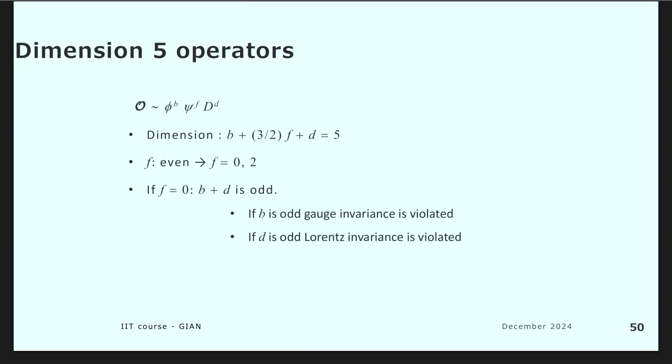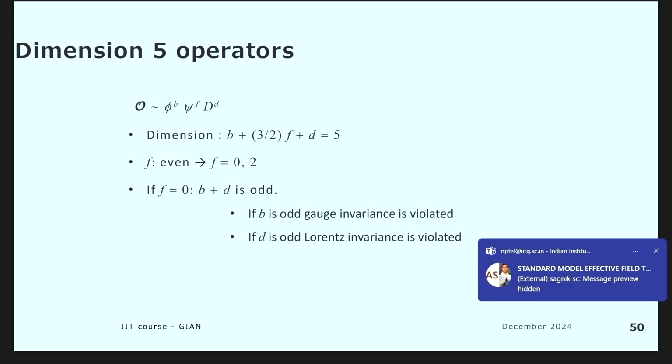All right, so I want a dimension 5 operator. So using dimensional analysis, that means that B plus 3 halves F plus D equal to 5. So Shubha explained earlier why you have a 3 halves here, why B is here, like that. The dimension must obey this linear relationship. Moreover, every fermion appears with another fermion.